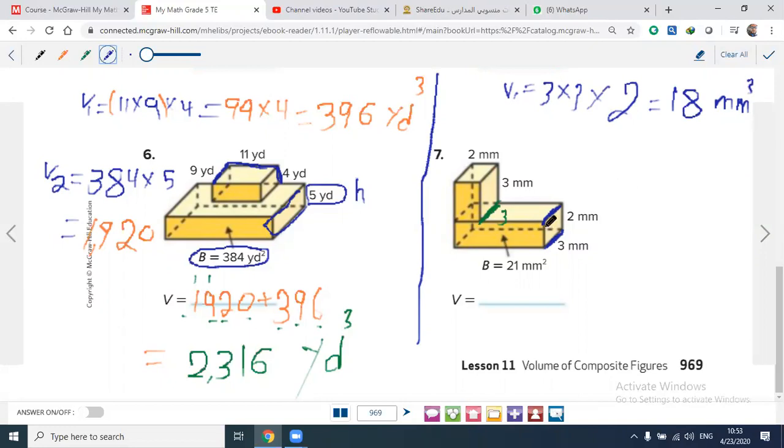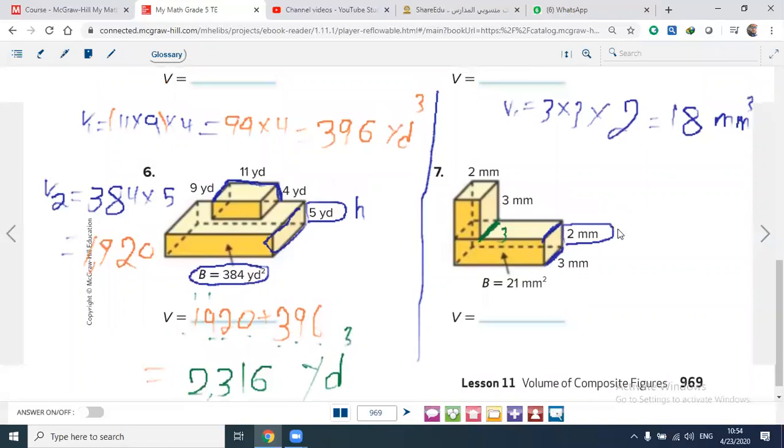Okay. And then I have to find the volume of the bottom one, down here. It has base area, the same number, 21. Base and height. Where is the height? 3 or 2? 2. Yes, excellent. This is the height for the bottom one.